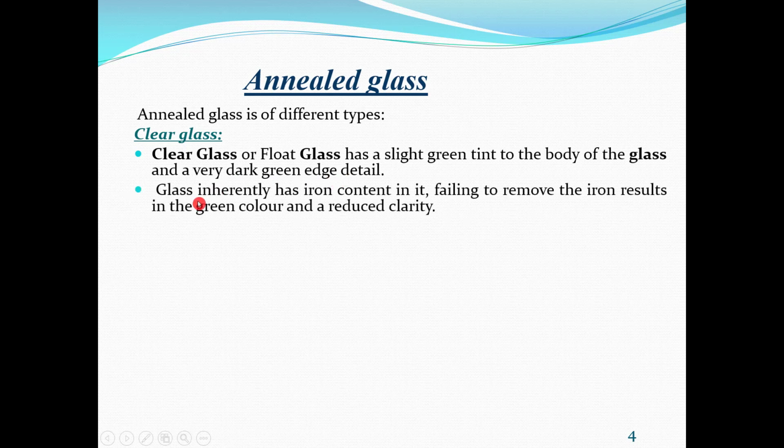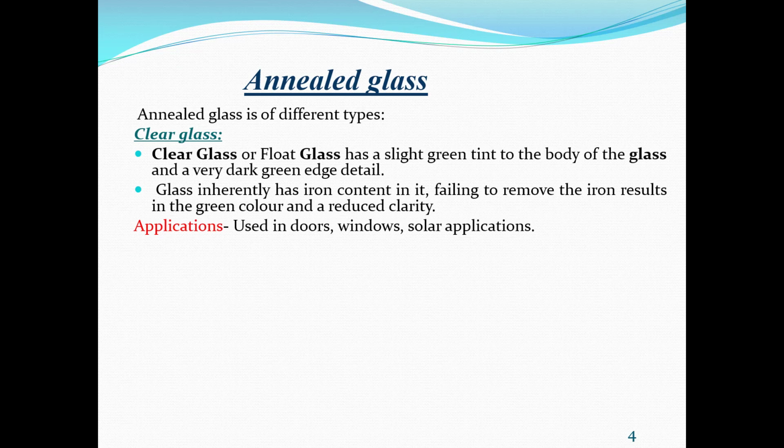This glass inherently has iron content in it, and failing to remove the iron results in the green color and reduced clarity. So the more the iron content, the more greenish it will be and the more it will reduce the clarity of the glass. And these are mainly used in doors and windows and for other solar applications.